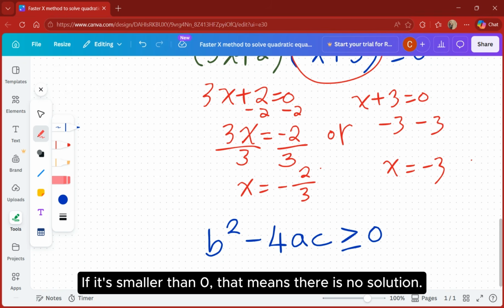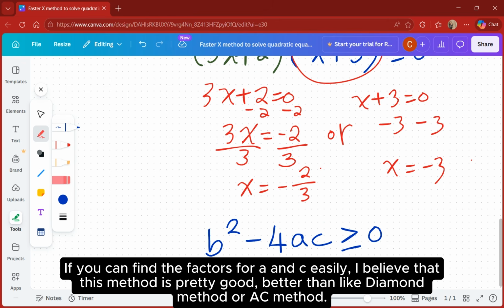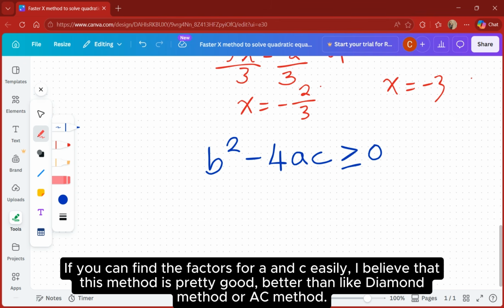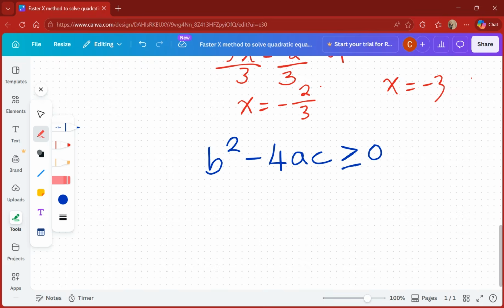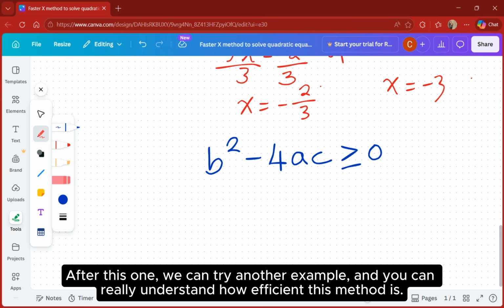If it's smaller than 0, that means there is no solution. If you can find the factors for a and c, I believe this method is pretty good, better than the diamond method or AC method. After this, we can try another example and you can really understand how efficient this method is.